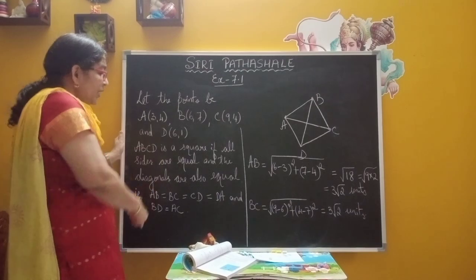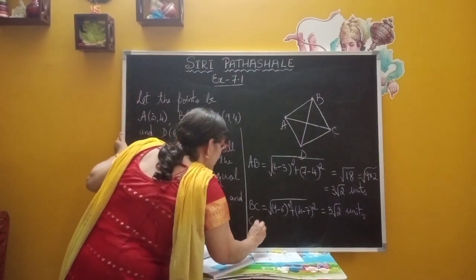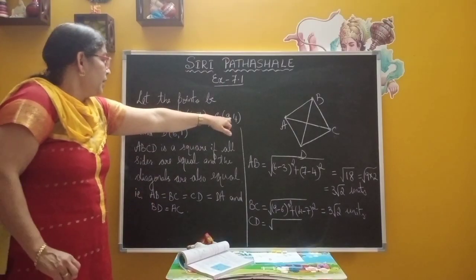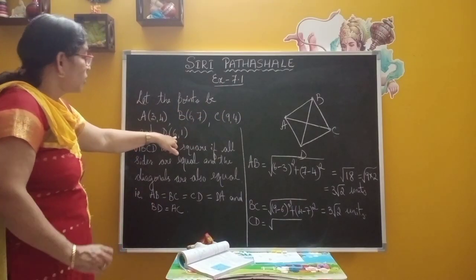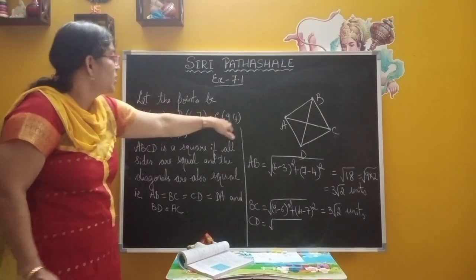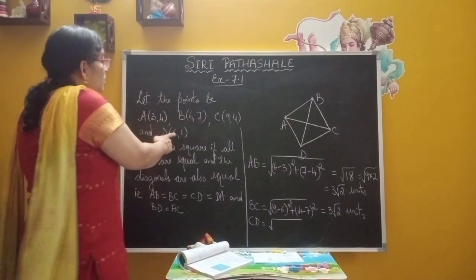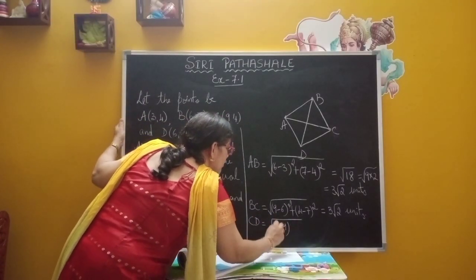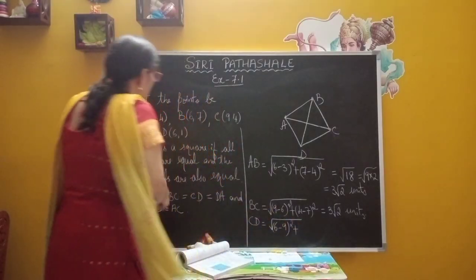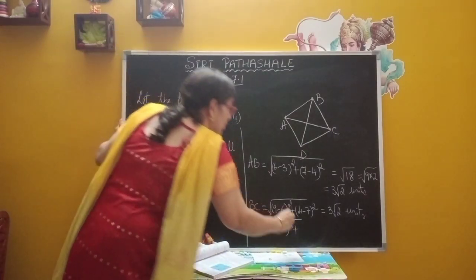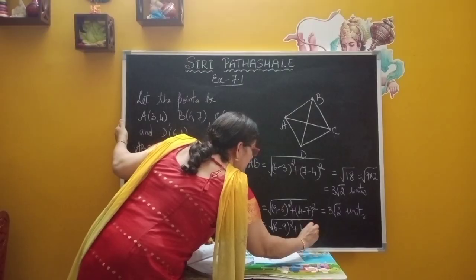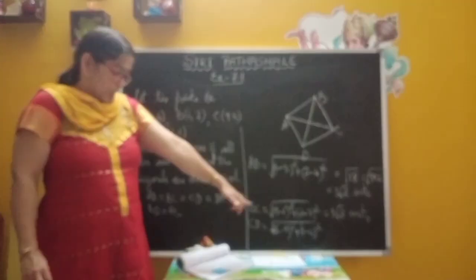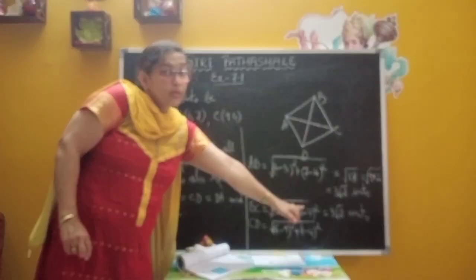That is CD. For C and D, taking x2, x1, y1, x2, y2, CD is the square root of (6 minus 9) whole square plus (1 minus 4) whole square. 6 minus 9 is minus 3, minus 3 whole square is 9.